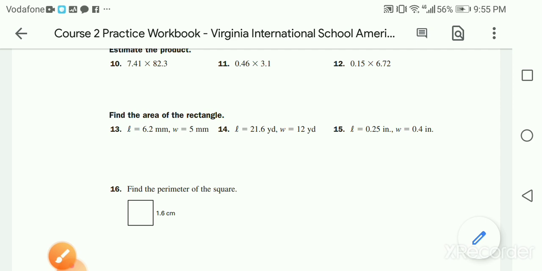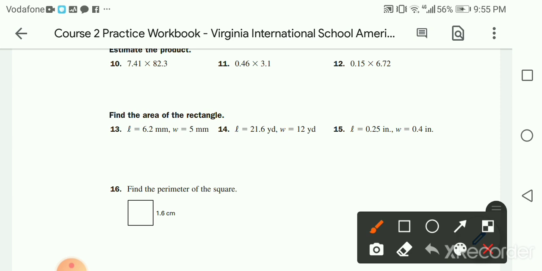My dear students, let's do another one to make sure that you understand everything. I have here 6.72 times 0.15. Before I multiply them, I estimate 0.15. Will it change or not?